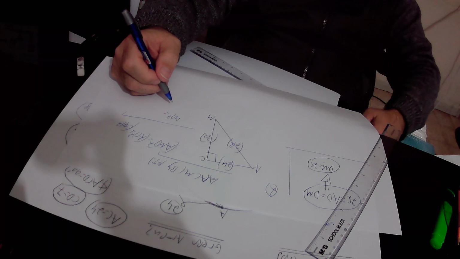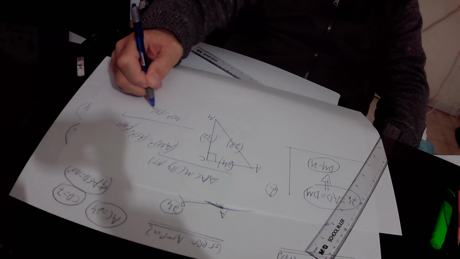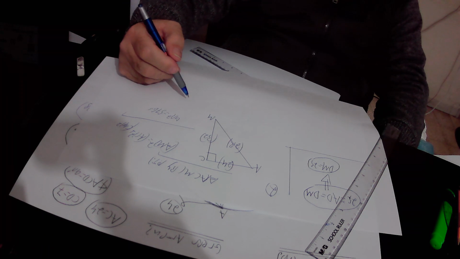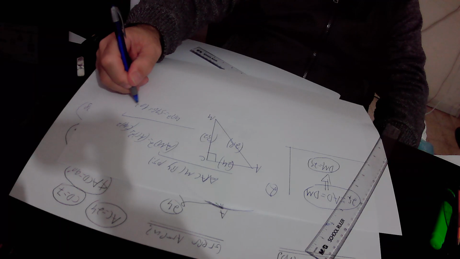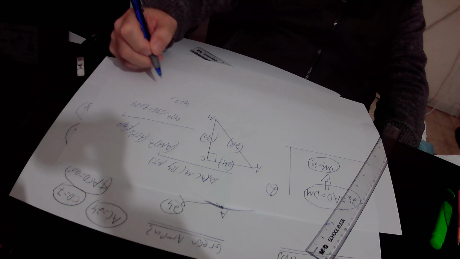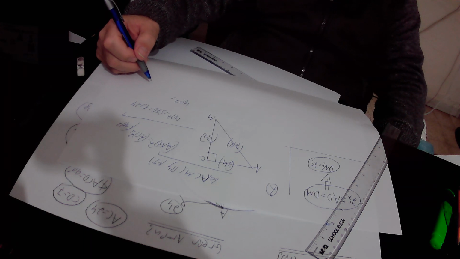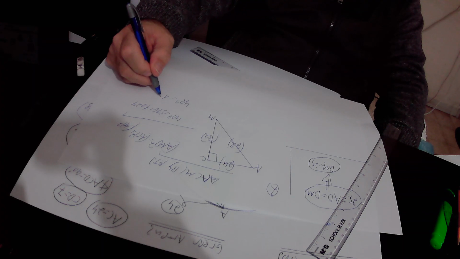AC is 24, therefore AC squared is 24 squared, that is 576, plus CM squared. CM is 32, therefore CM squared is 32 squared, that is 1024. So 4r squared equals 576 plus 1024, that is equal to 1600.